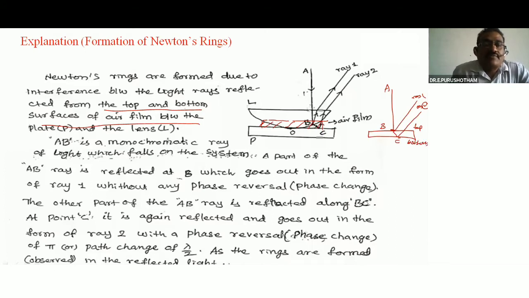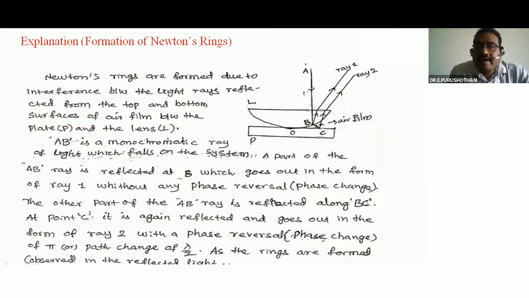Okay, you see, the AB monochromatic light ray is incident on the point B. From point B, it is reflected and goes out as ray 1. This is ray 1.